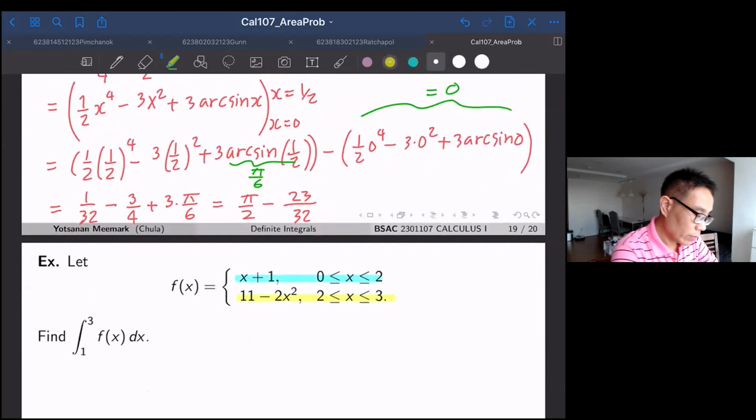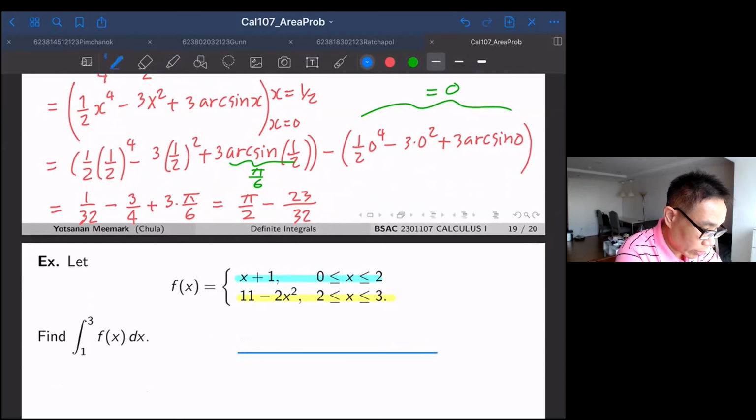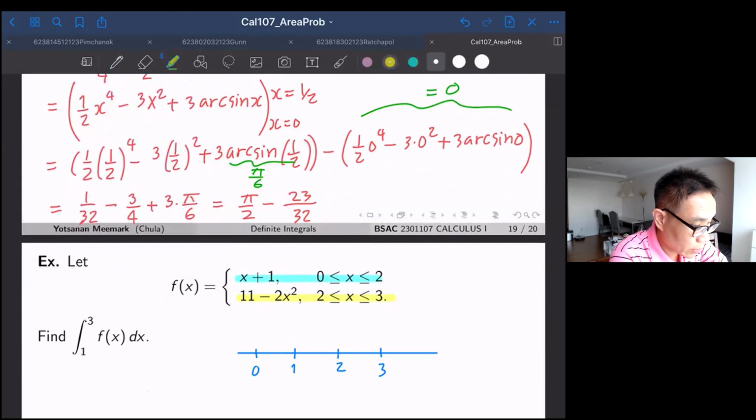So when x is between 1 and 3, you draw a line, and you have 1, 2, 3, and you have 0. The 0 to 2 part is going to be the blue color, and 2 to 3 is going to be the yellow one.